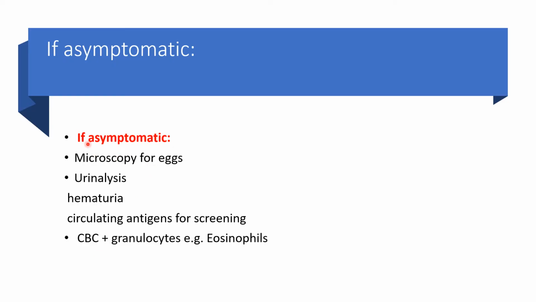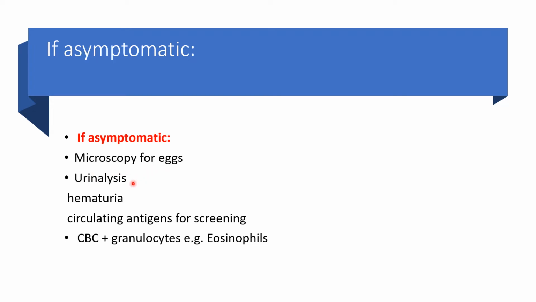If the individual before me is asymptomatic, but there's history of travel to the endemic zone, and I'm concerned about schistosomiasis, has been a problem. I don't want the patient to come down with horrible complications later in life, for example, infertility in a woman of childbearing age. Then today, I may have microscopy for eggs done.